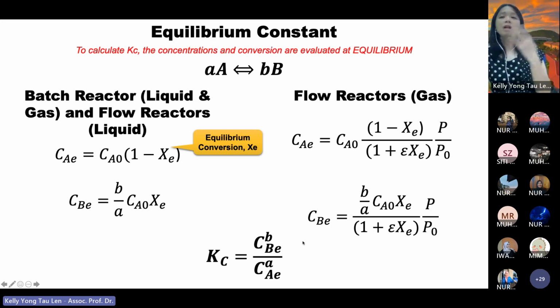So now this slide explains how we express CB. Let's say you have CBE, you have CAE, kita nak express dalam bentuk CA0 dan XE. So you can see in this example, because the reaction is 1A react with 1B, right? 1A reversible to produce 1B and then it goes forward backward. So the Kc will be the concentration of your product.